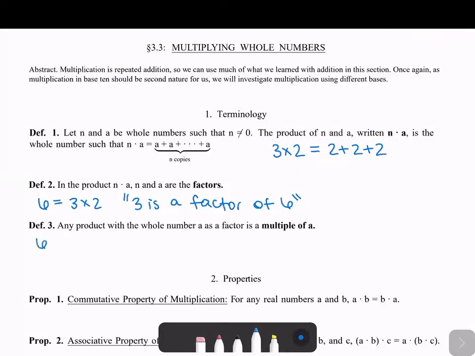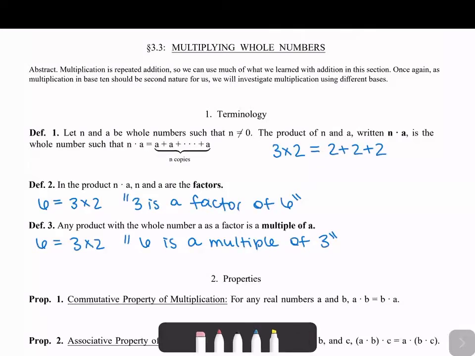And the product that we get, in the same example the product is 6, so we say that 6 is a multiple of 3 because we multiplied something by 3 to get 6. So 3 is a factor of 6, 6 is a multiple of 3, and likewise, each of these statements is true if we use 2 instead of 3.